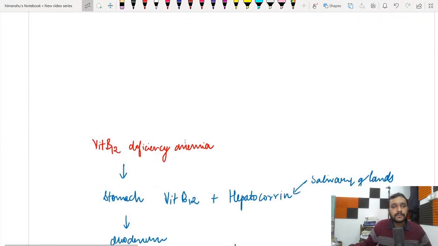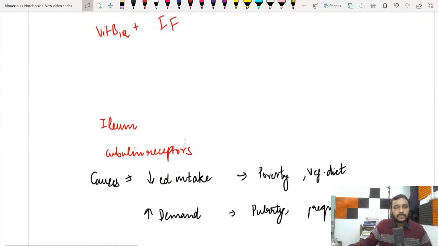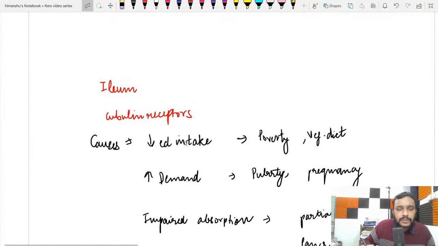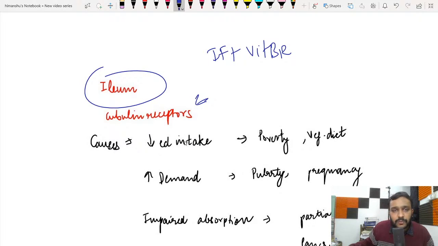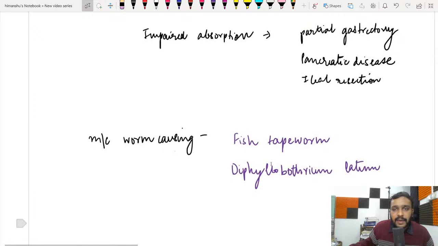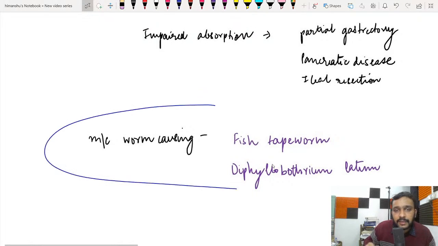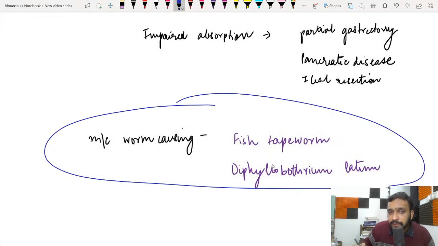Very good. I wanted to tell you that intrinsic factor plus vitamin B12 is absorbed maximally in the terminal ileum through tubulin receptors. The most common worm causing vitamin B12 deficiency is Diphyllobothrium latum.